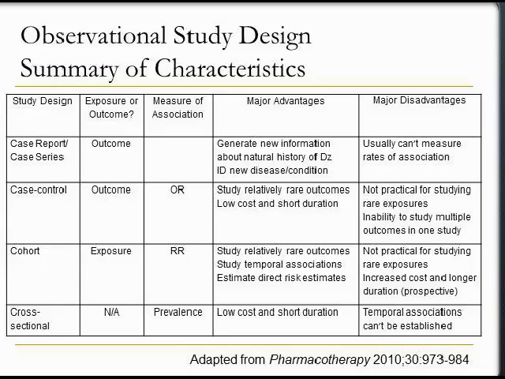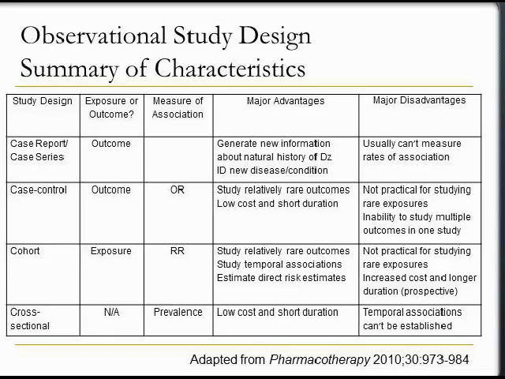This summarizes what we've just discussed, reminding you that case reports, cross-sectional studies, and case control studies use odds ratios, cohort studies use relative risks, and cross-sectional studies generally prevalence. The major advantages and disadvantages are highlighted there, and anyone who wants to read further, the reference at the bottom of this page describes a pharmacotherapy review article that goes through this.